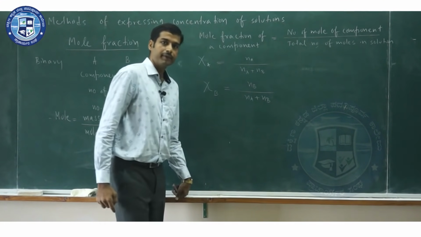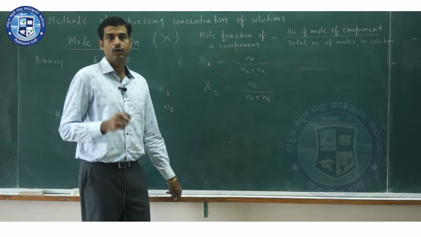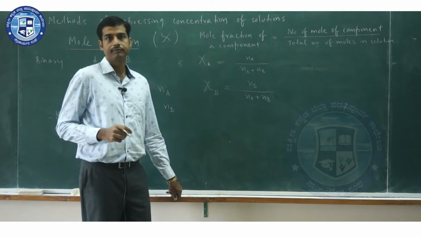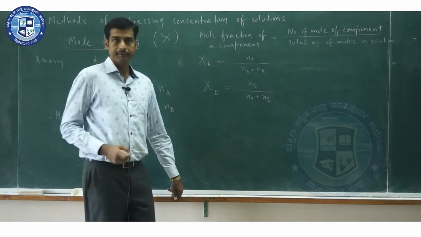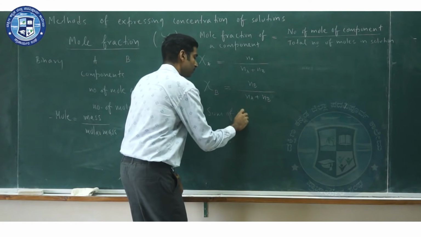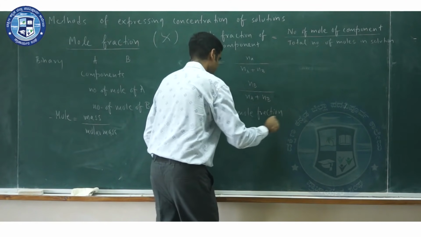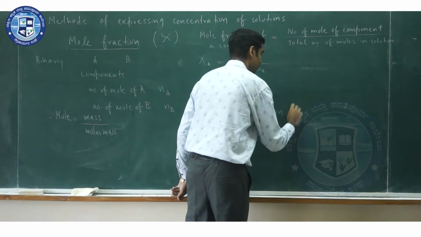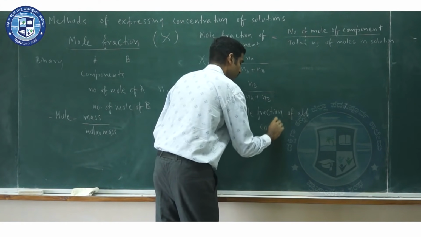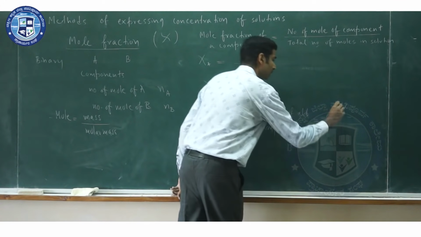Another aspect that has to be kept in mind is, if I take the sum of the mole fractions of all the components, it will be unity. Sum of mole fractions, sum of mole fraction of all components will be 1.